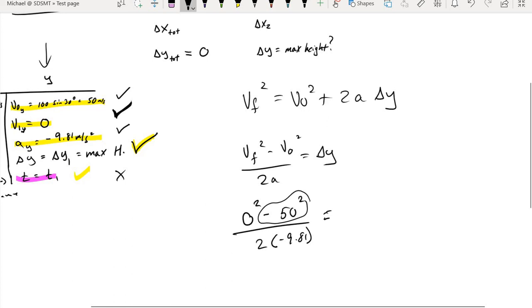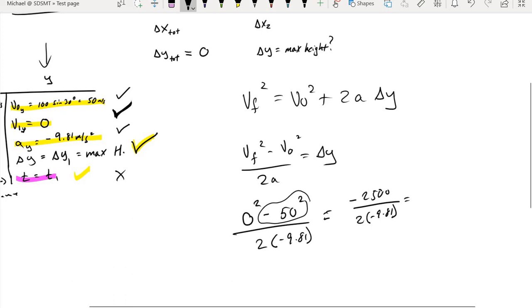So up in the numerator, we're going to have 50 squared with a negative sign attached to it, divided by the 2 and the negative 9.8, and that quotient will produce a positive outcome.